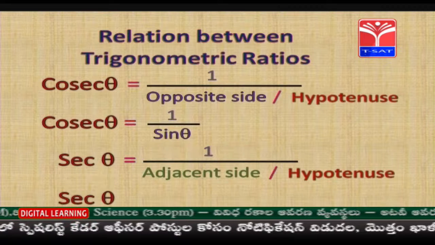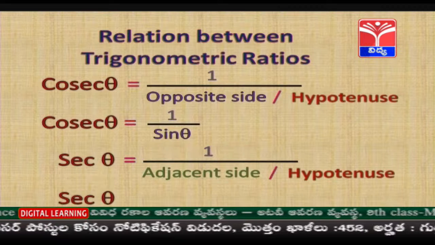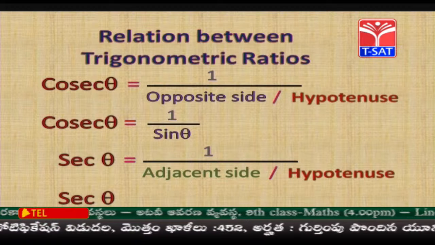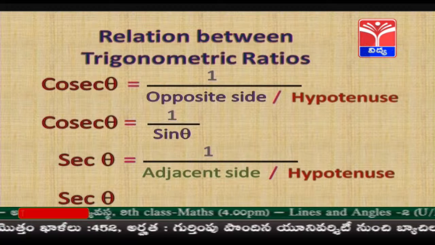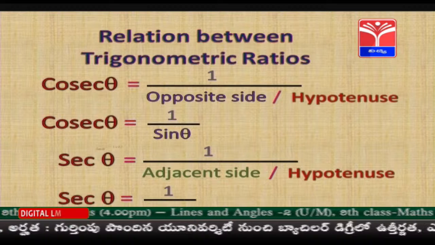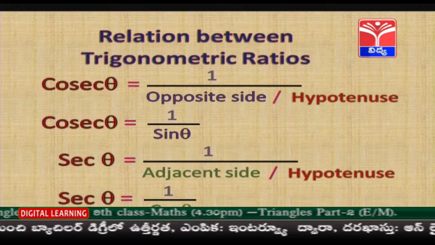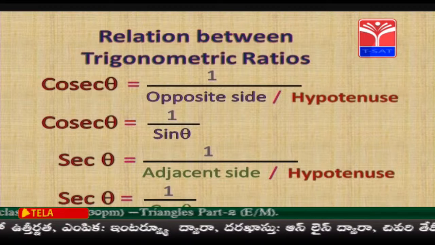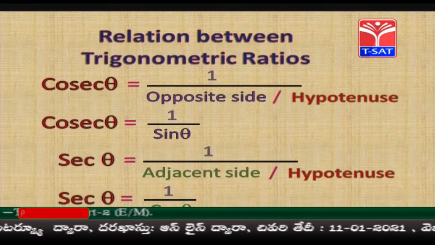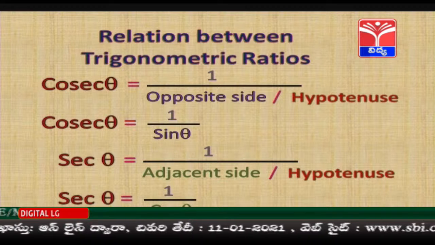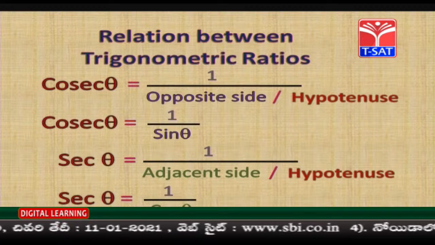Where the hypotenuse comes down, what happens? Please see, 1 by adjacent side by hypotenuse, so sec theta is equal to 1 by cos theta. That means the relation between cosec and sin is cosec theta is equal to 1 by sin theta. Similarly, sec theta is equal to 1 by cos theta.